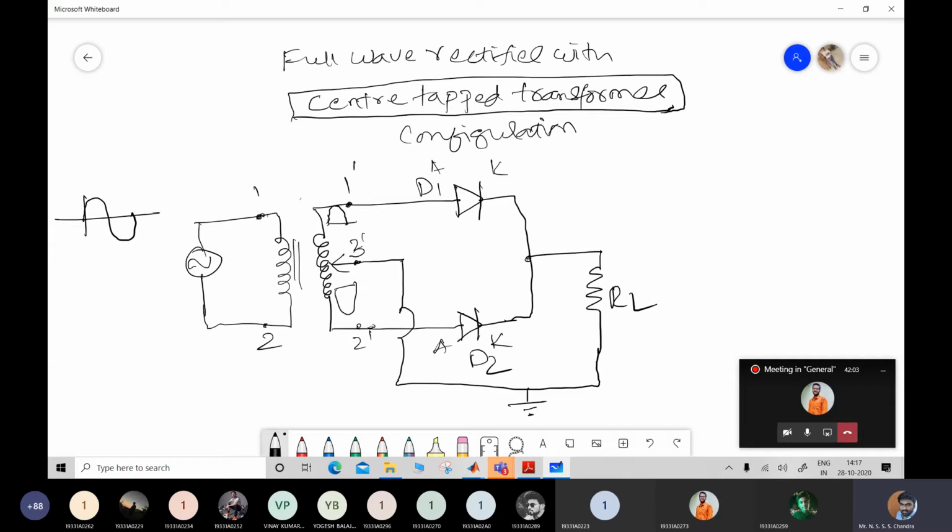So whenever this terminal is positive, the center tap will be always at 0, whereas this terminal will be negative. So if this terminal is negative, this terminal would be positive. They have the same magnitude, however there will be opposite polarities.